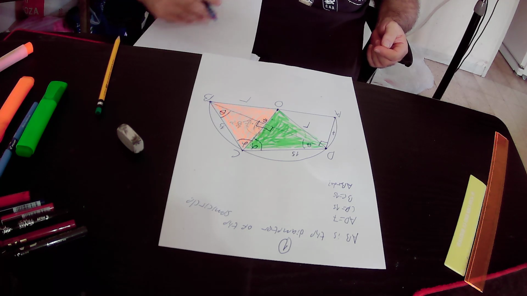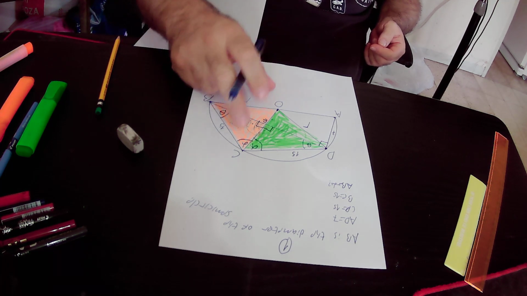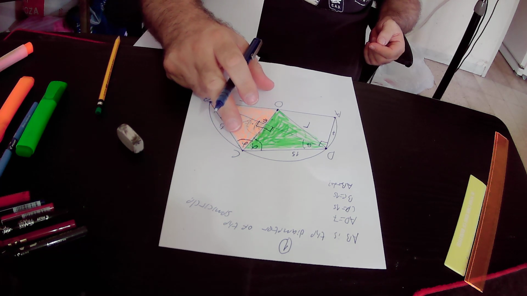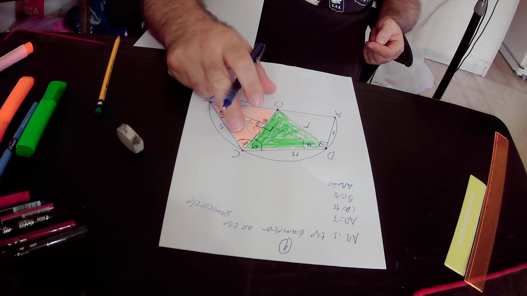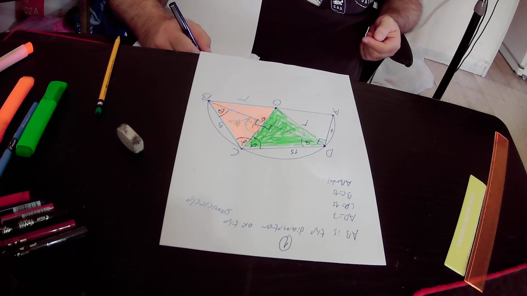In the next step, we will focus on chord OC. Actually, from the beginning, we connected points O and C together by a straight line, but also we know that OC is the radius of the semicircle.